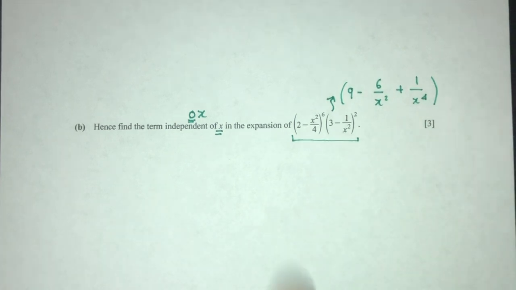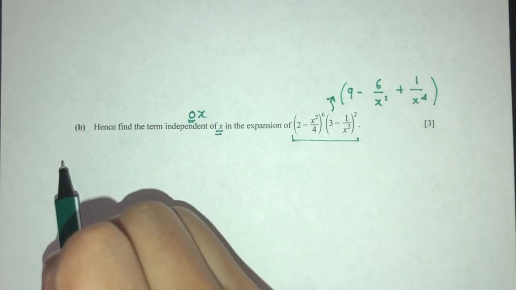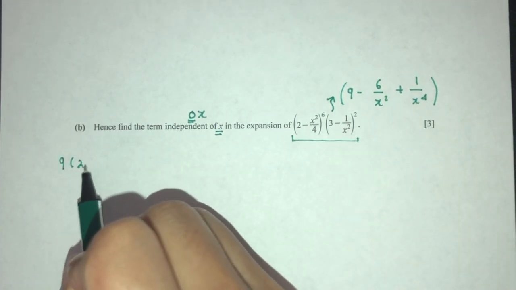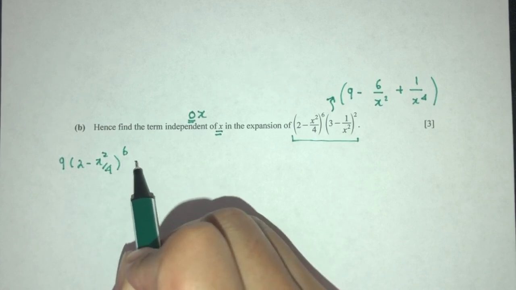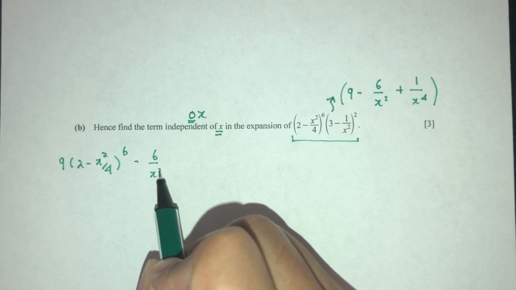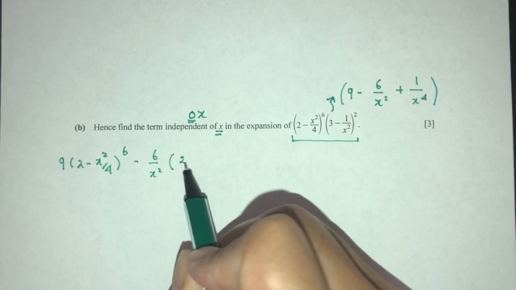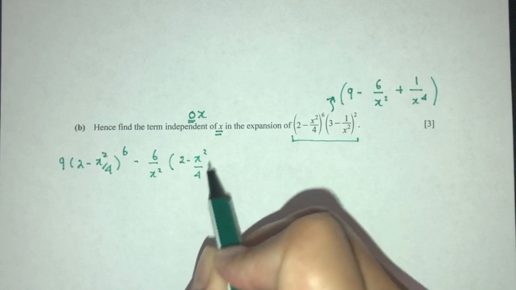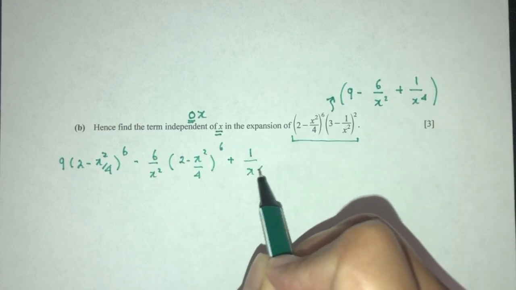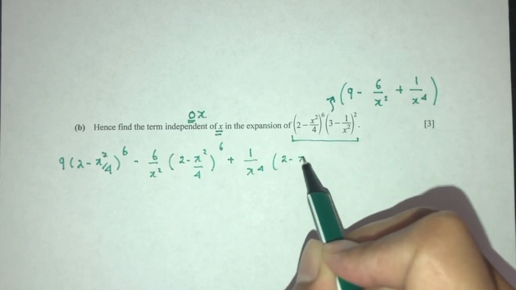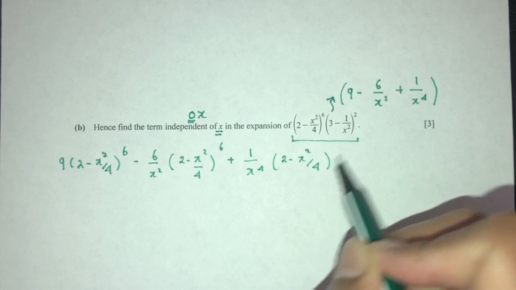Right. Now this time, it will be 1 by 1, that will be 9 times this thing, minus 6 over this one times this thing, and then we have plus 1 over x power 4 times this thing. That's how you would usually expand the whole thing.